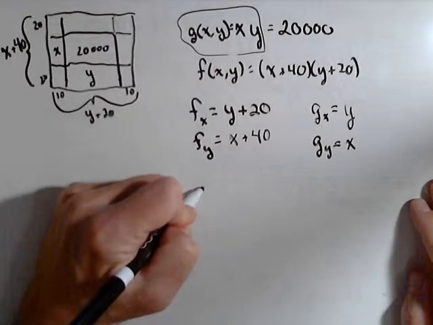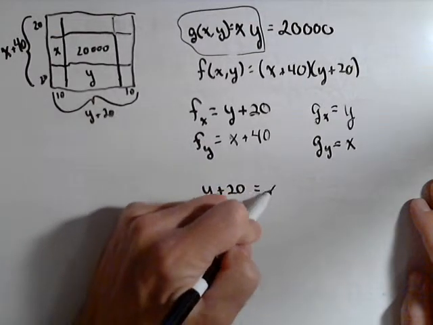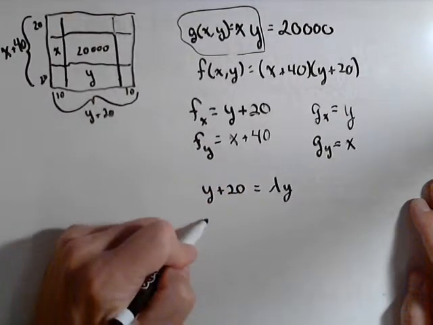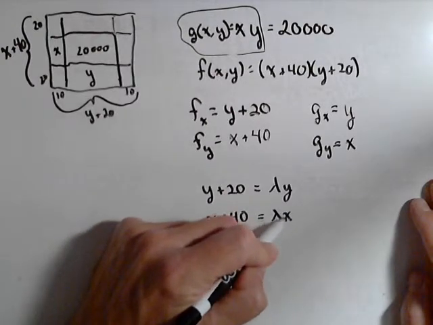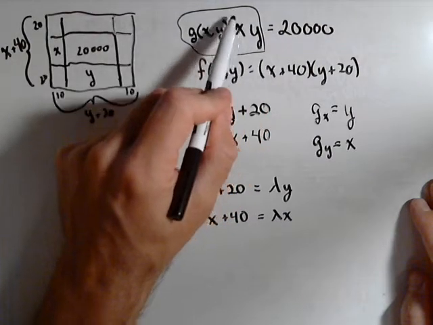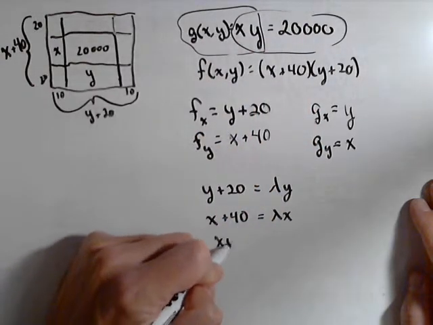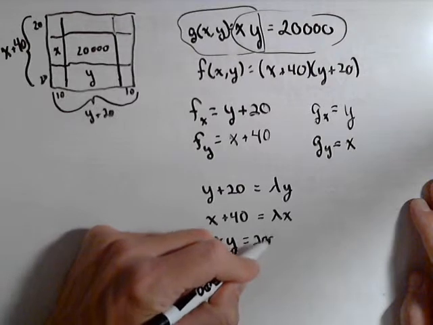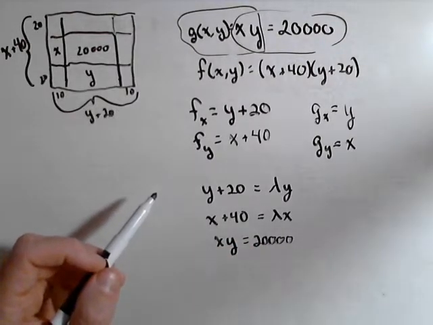So we have y plus 20 equals lambda y, x plus 40 equals lambda x, and then the last part of our system comes from our constraint equation, which is that x times y equals 20,000. Solving this system will give us our minimum.